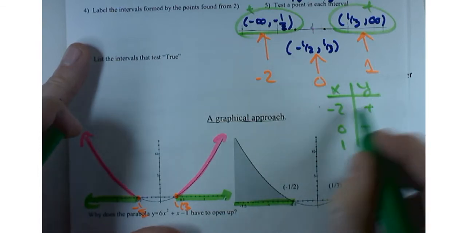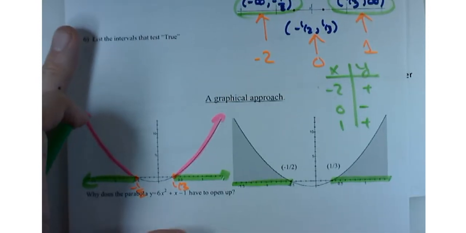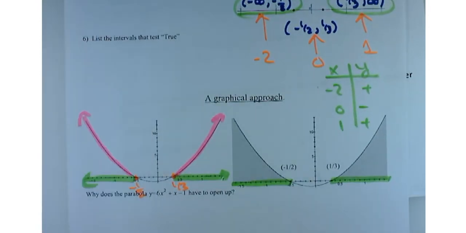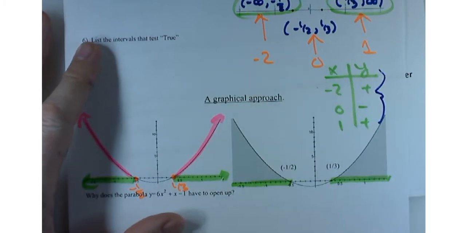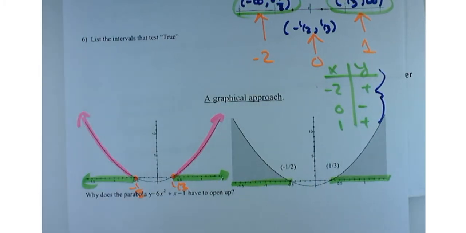And you want the positive intervals. So this is kind of like a graphical approach. Now that graphical approach is fine, but really we're going to work on more of a table approach. That is, plugging these into a table and testing points that way. So let's take a look at it that way.